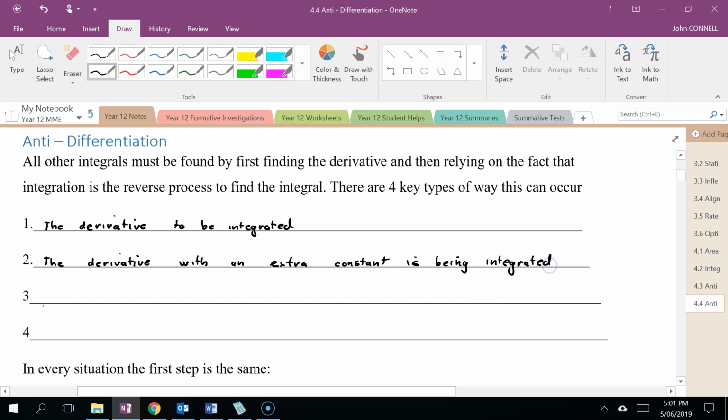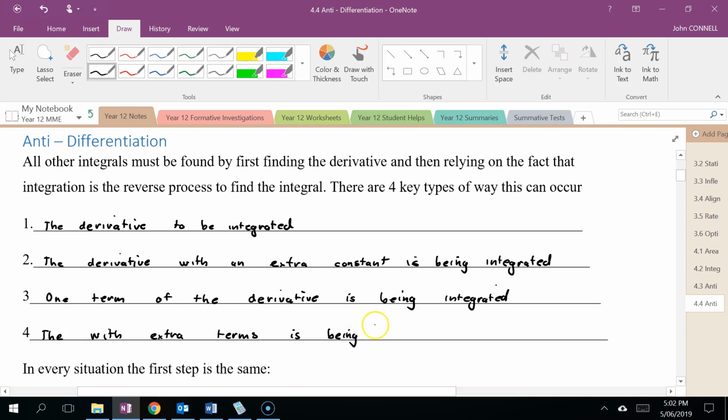The third way is if one term of the derivative is being integrated. And then the final way is if the derivative with extra terms is being integrated. So these are the four ways, and what we're going to do is look at each of these ways in turn.